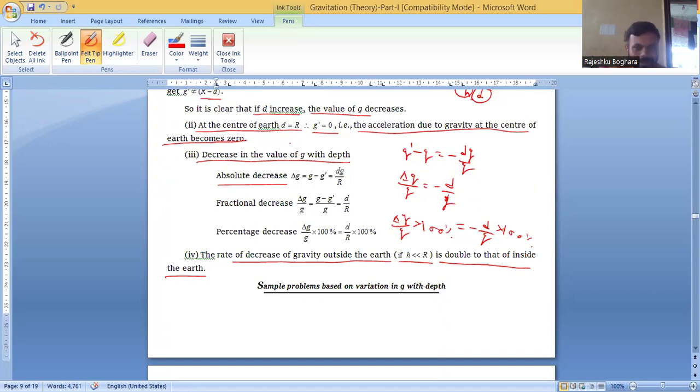So here we get delta g by g is equal to minus 2h by R. Here we get d by R, and here 2h by R. So with height the decrease is 2 times more, double that of inside the earth. The rate of decrease of gravity outside the earth is double that of the inside, 2 times. Okay, so we have to remember this.